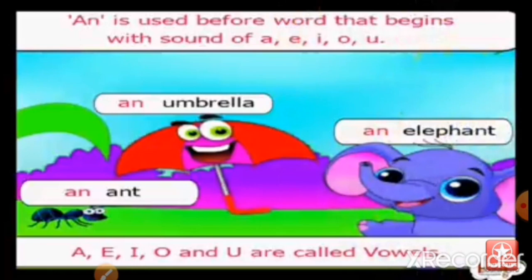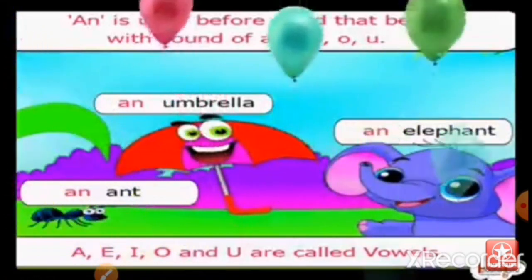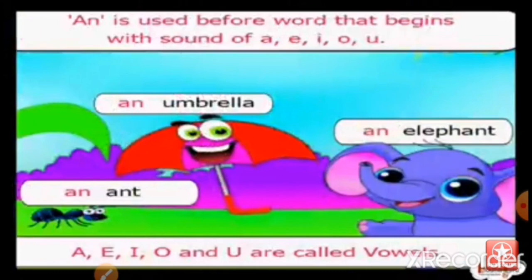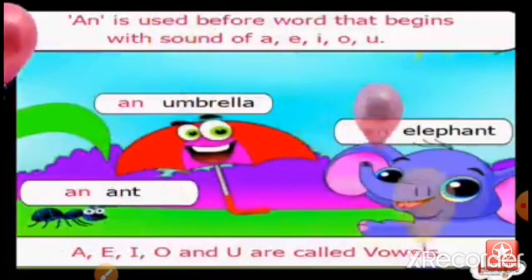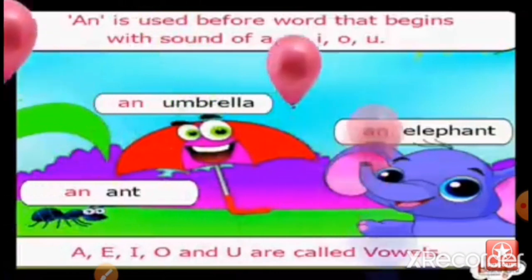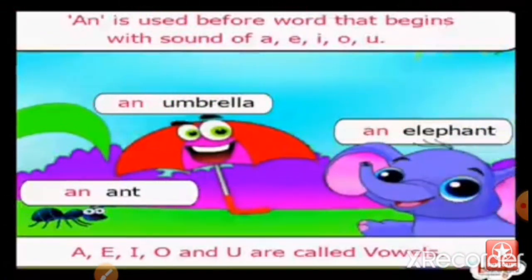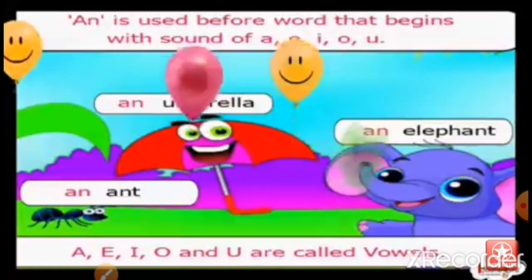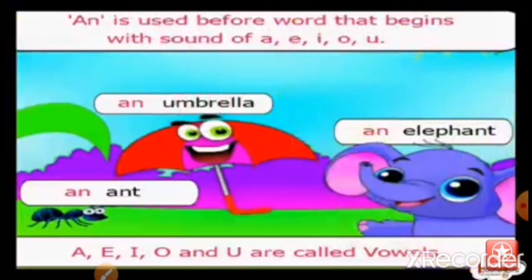And you know very well how many consonants there are? There are 21 consonants in English. But before the vowel, which article do we have to use? We have to use an before the vowel sound, like you can see here. An umbrella, an elephant, an ant.